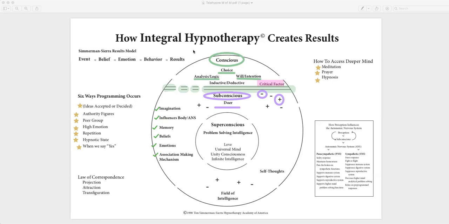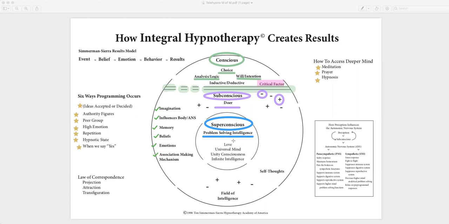There is also another mind mechanism, and this particular one is called the superconscious. The superconscious is a problem-solving intelligence. It is way below the water at the very peak of when that mountain was created.